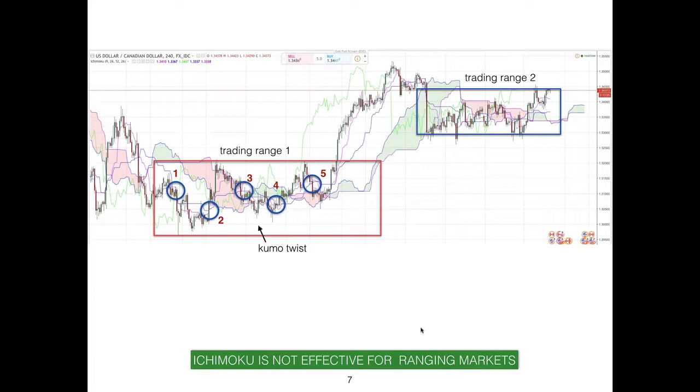In addition, there were many Kumo twists within a very small price range. So how could you possibly profit from a movement like this where the range is so tight, and the signals are on and off? So you get a buy signal here and then a sell signal later. You just bought your stock. It hadn't risen 2% yet and it's gotten a sell signal already.